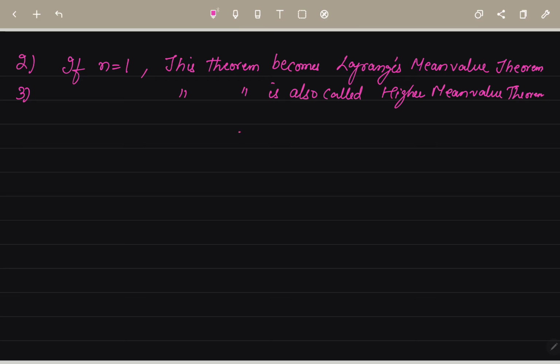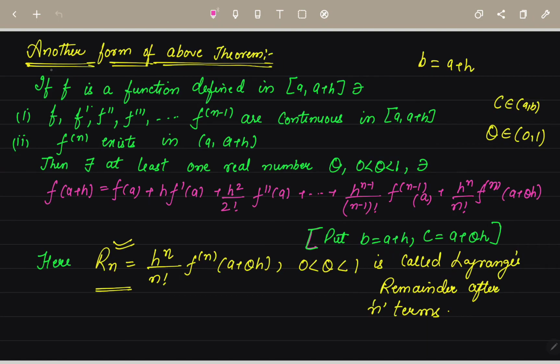Next is another form of Taylor's theorem, and it states that if f is a function which is defined in the interval a and a plus h, because in the previous theorem I wrote that we are taking c in the interval a and b, but here I am changing the interval to a and a plus h. So basically instead of b I am using the value a plus h.